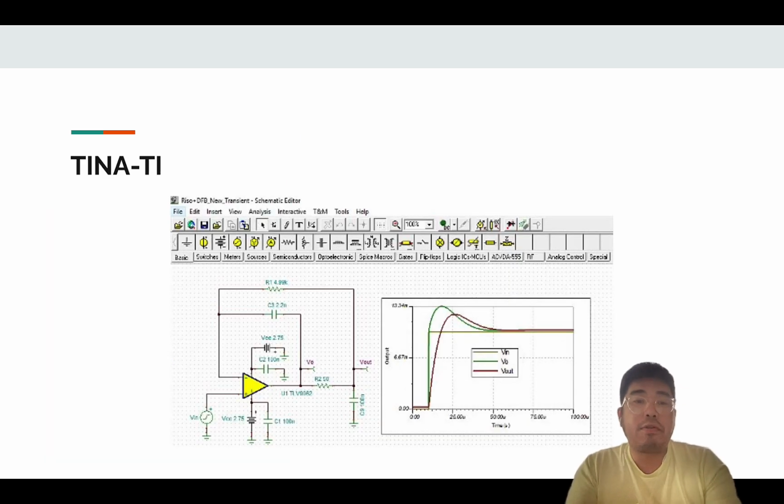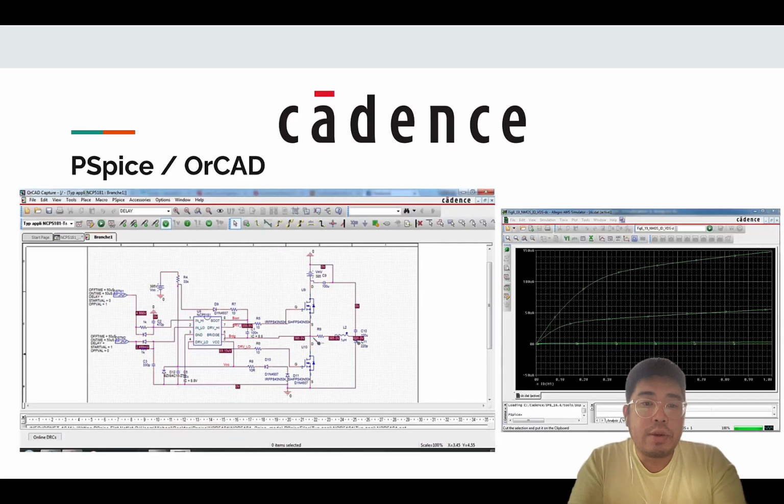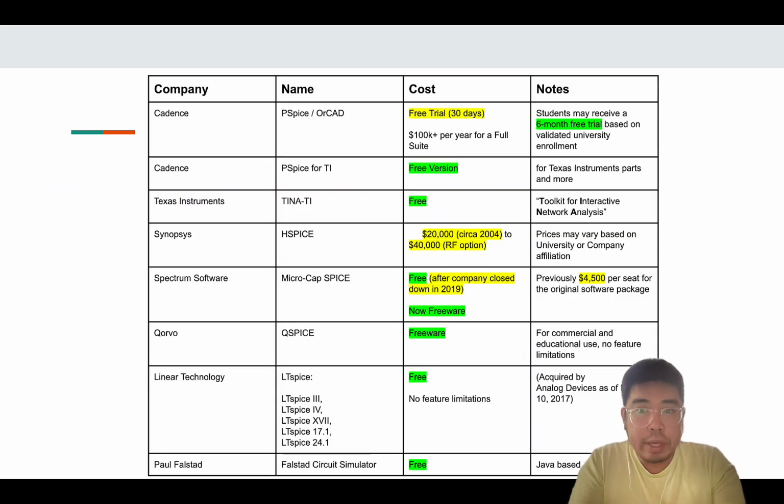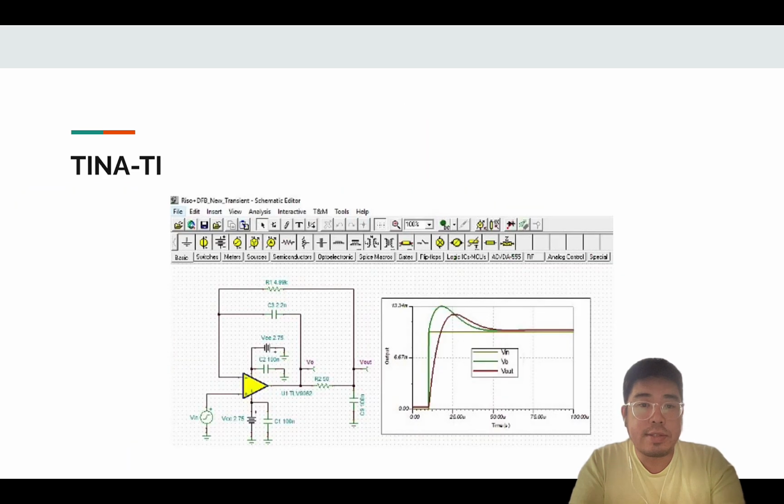TI is also known for making its own version of SPICE called TINA, the Toolkit for Interactive Network Analysis. This is one that I familiarized myself with when I was working for International Rectifier several years in the past.